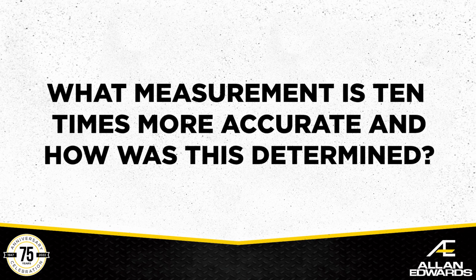What measurement is 10 times more accurate, and how was this determined? Is this sizing variance, etc.? We have a level 3 UT who reviews all reports and has been in charge of making sure that the machine is adequate for what we're doing and that it meets the criteria for the ASTM spec that calls out the criterion.